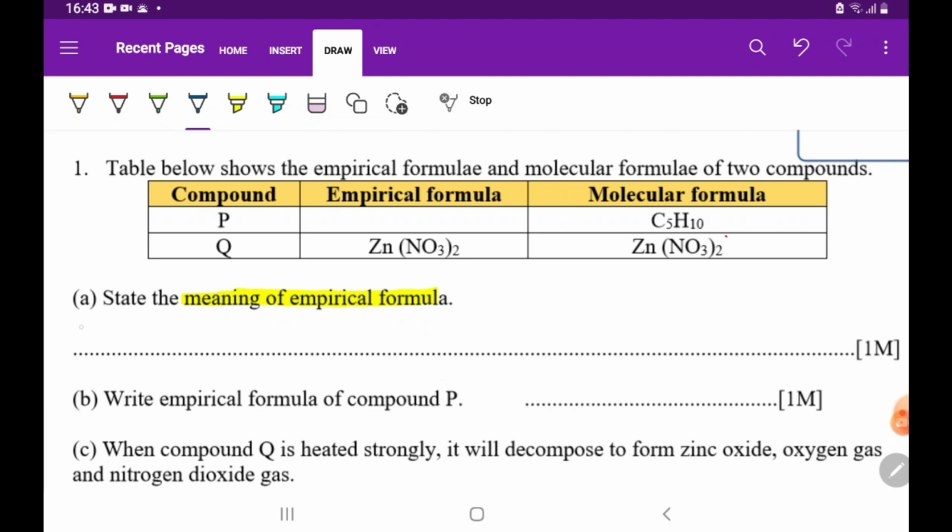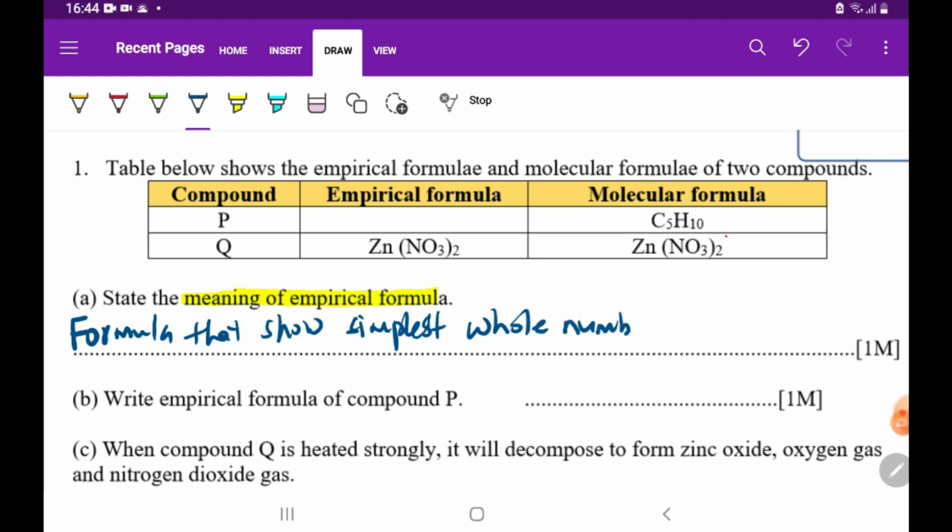So empirical formula definitely is a formula. And then show what? Show the simplest whole number ratio. Ratio for what?